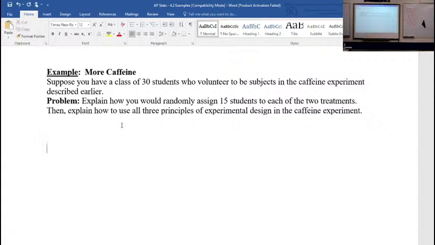Students in a caffeine experiment. So just to give context, before we give our answer.